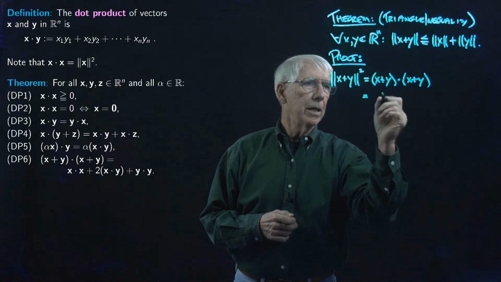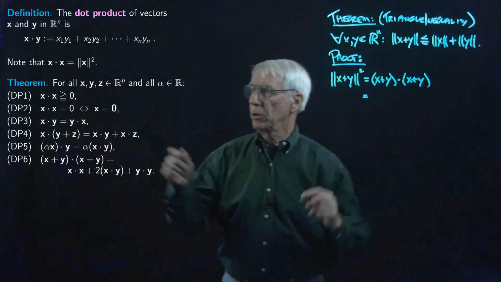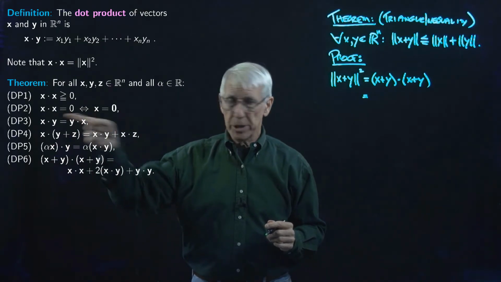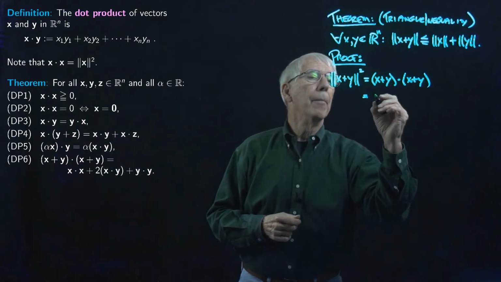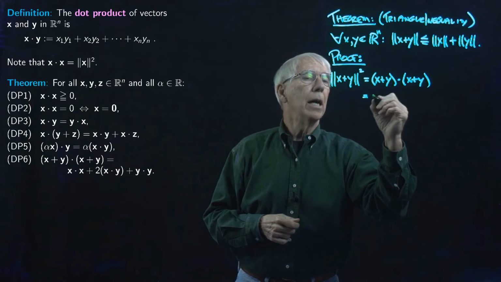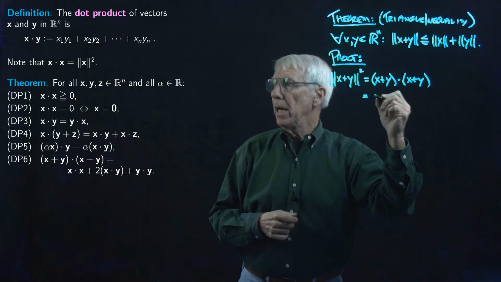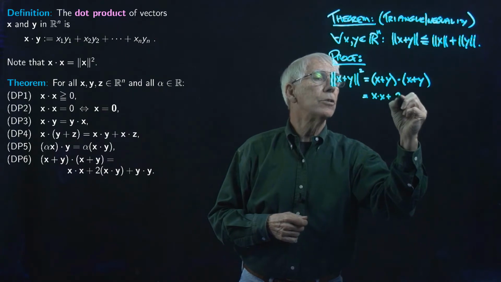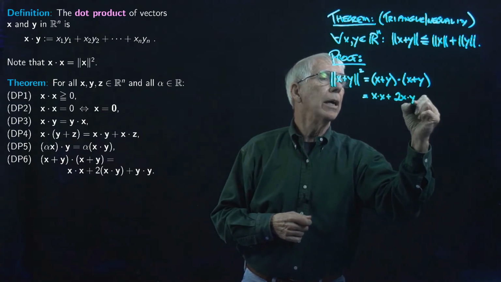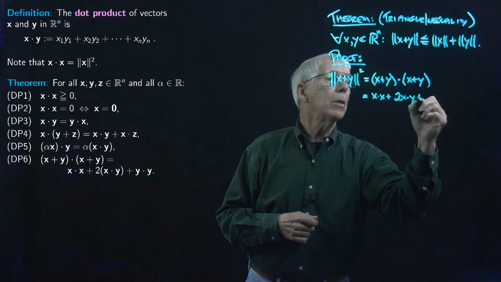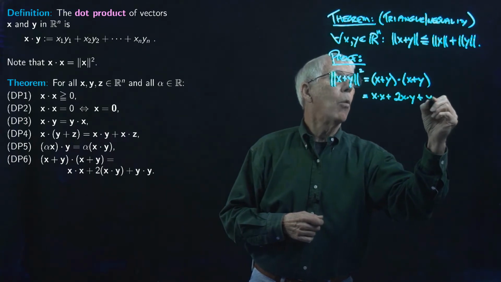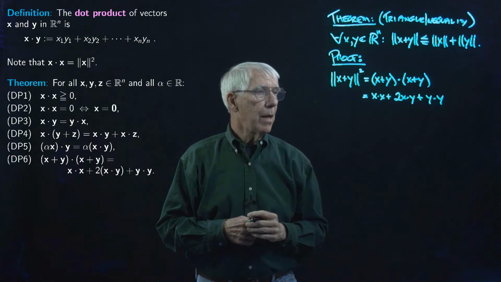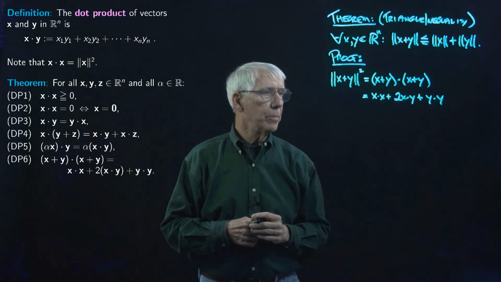That is equal to, in fact, if you look at DP6 over here, the sixth property in our theorem, that tells us that this is going to be x dot x plus 2 x dot y plus y dot y.